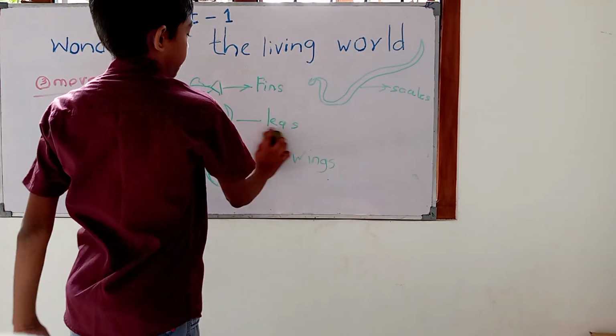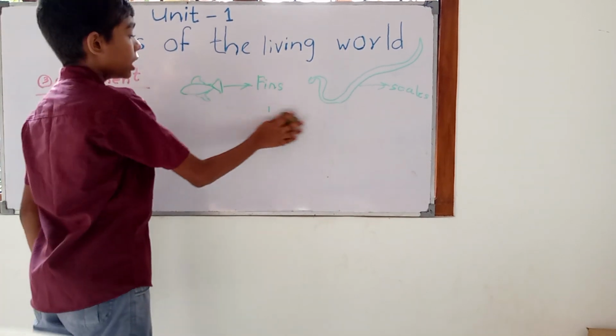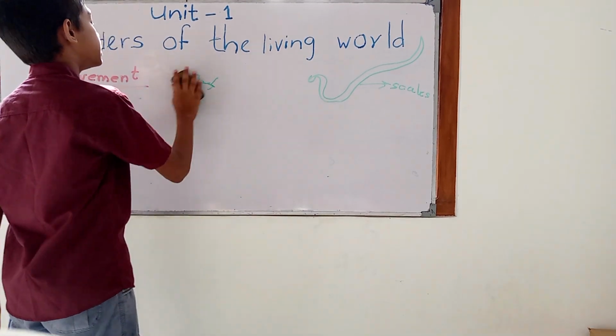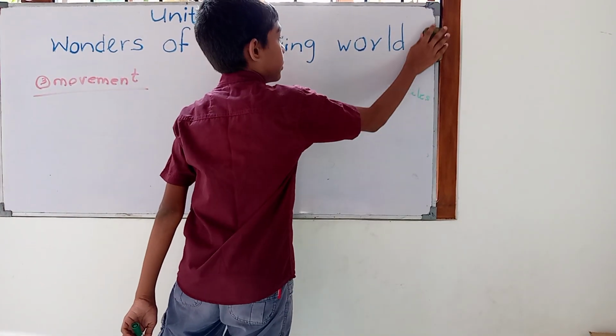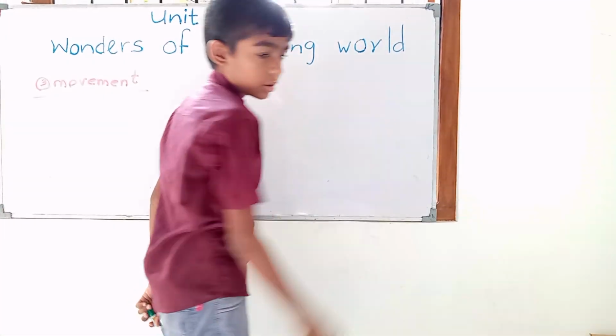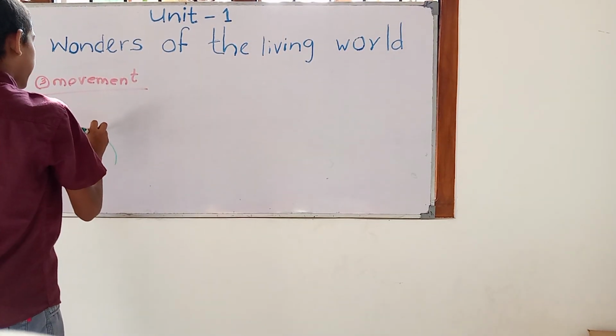Now, some animals can't locomote, but they do show movements, such as sea anemones.